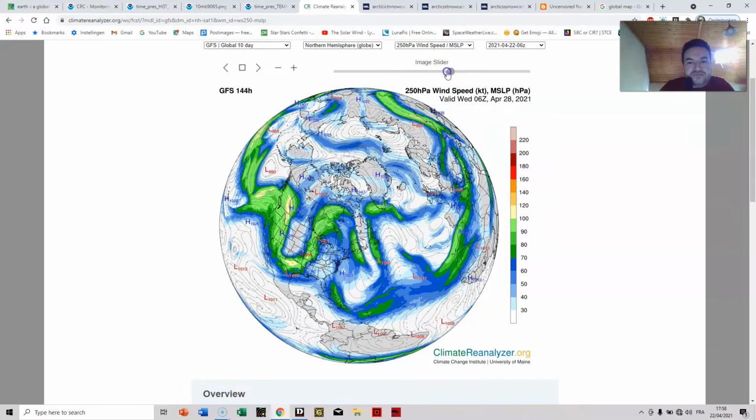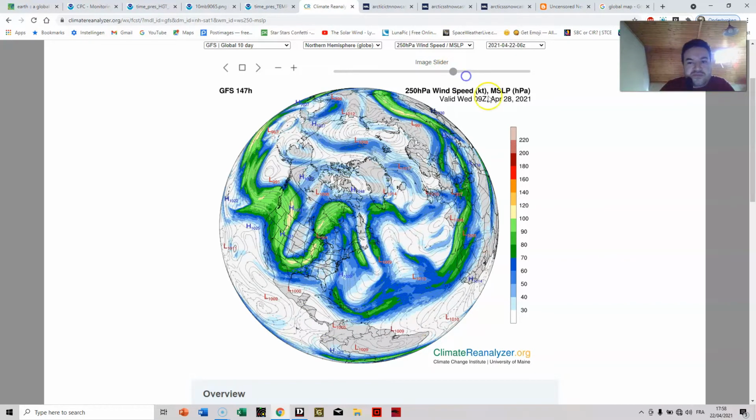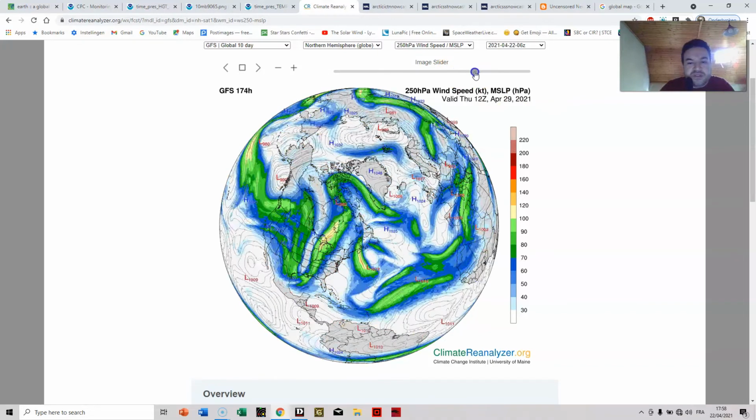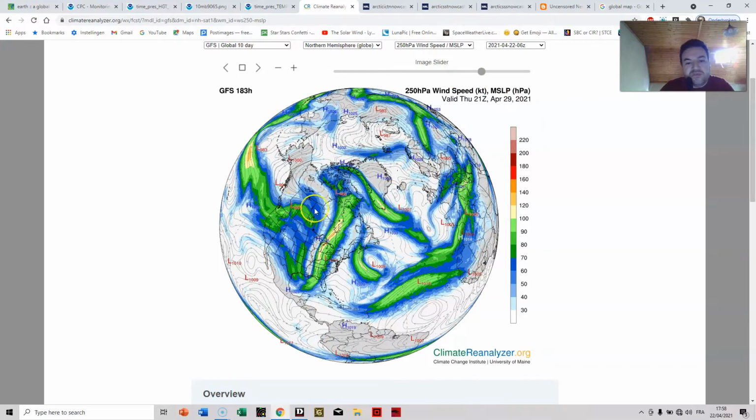So if I move this a little further, what's happening over here? Oh yes, once again we see this. I mean, look at this, from the Gulf of Mexico straight almost to the Arctic in northern Canada, and then again way to Africa.